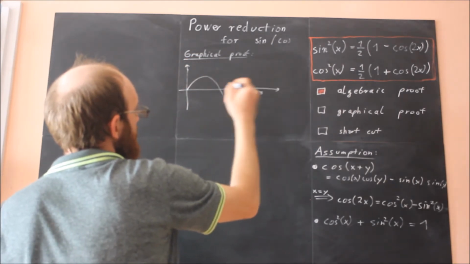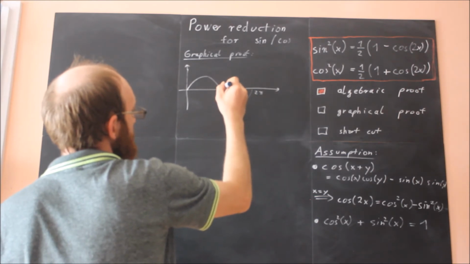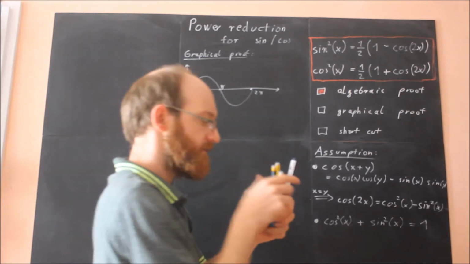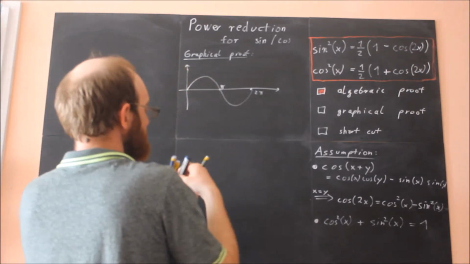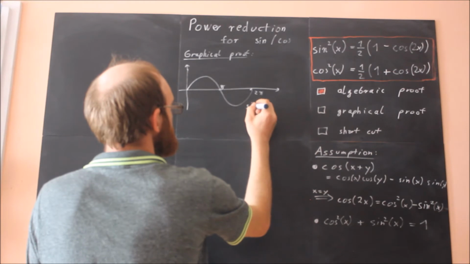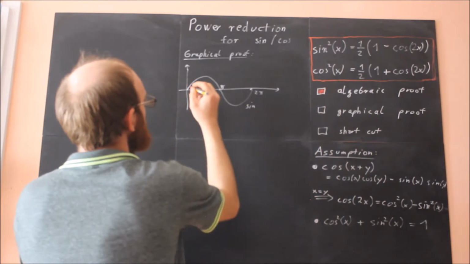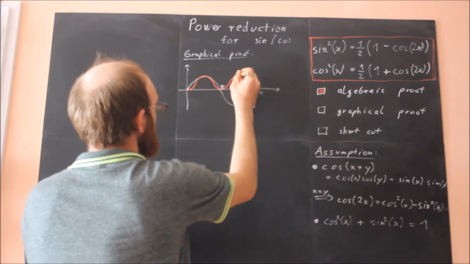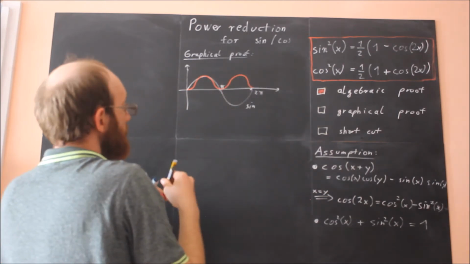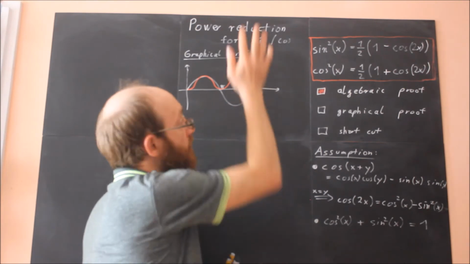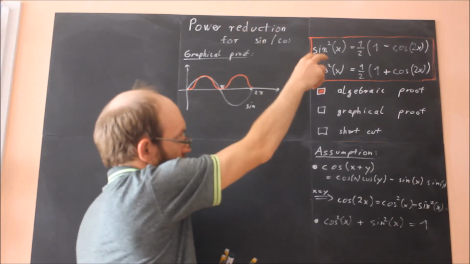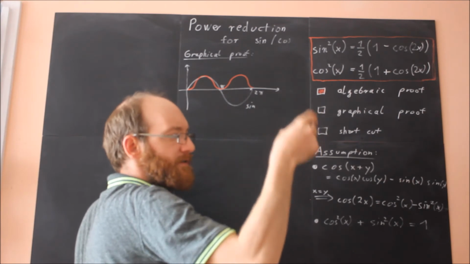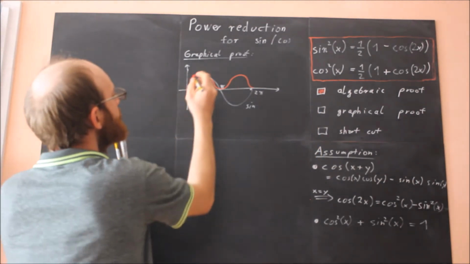Here is 2 pi, here is pi. If we square it, we get something like this. Square is always positive, and sine is between minus 1 and 1, so the square is between 0 and 1.